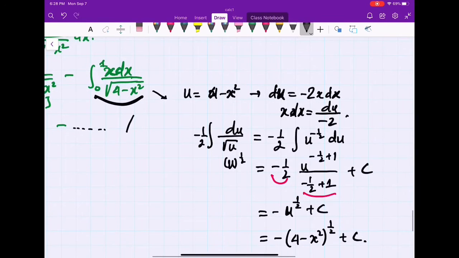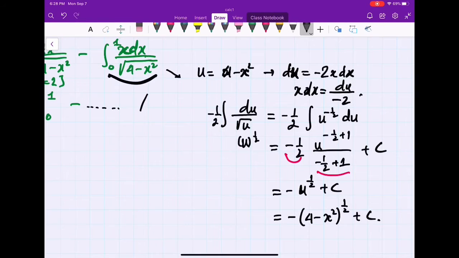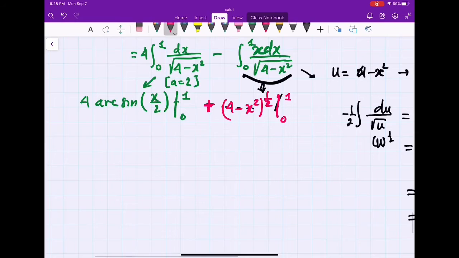So this integral is equal to, I write negative, but you have negative right here, so I would write positive, okay? Positive (4 minus x squared) to the 1.5, evaluated from 0 to 1. And then you plug the numbers into these functions.